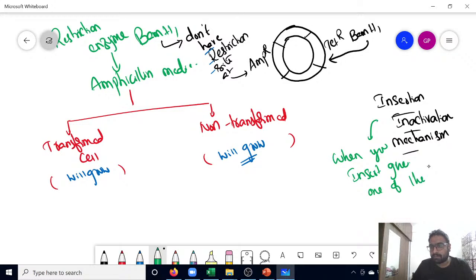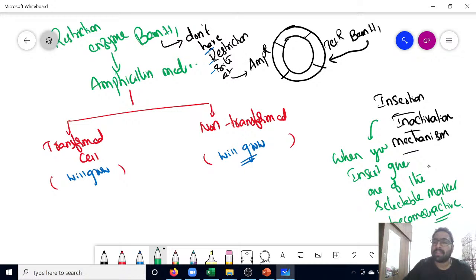That is nothing but the insertional inactivation mechanism.